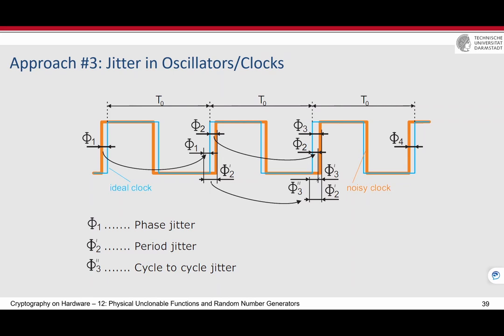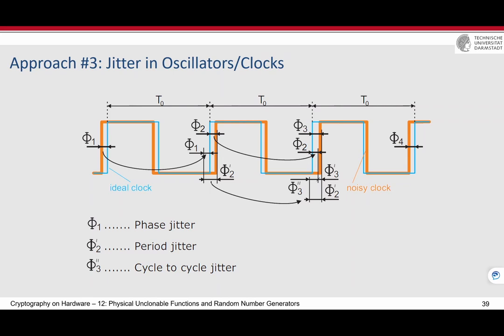There are changes in the phase and in the period. When you say you have a clock generator of 100 megahertz, in average it is 100 megahertz, unless crystal oscillators are used, because crystal oscillators are known to be super accurate, for example in wristwatches.